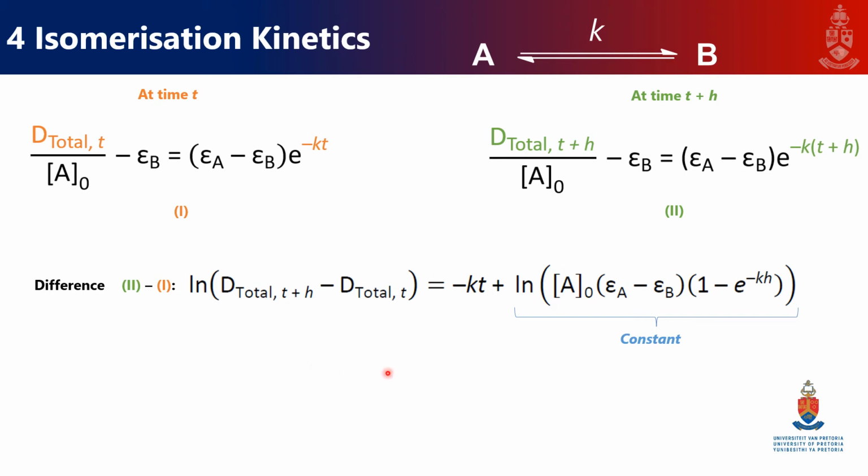So that's essentially what Guggenheim's method does: it goes through a temporal displacement, and that allows us to keep things constant, because these things remain constant even though we change the times. The molar absorptivity and the initial concentrations remain constant.